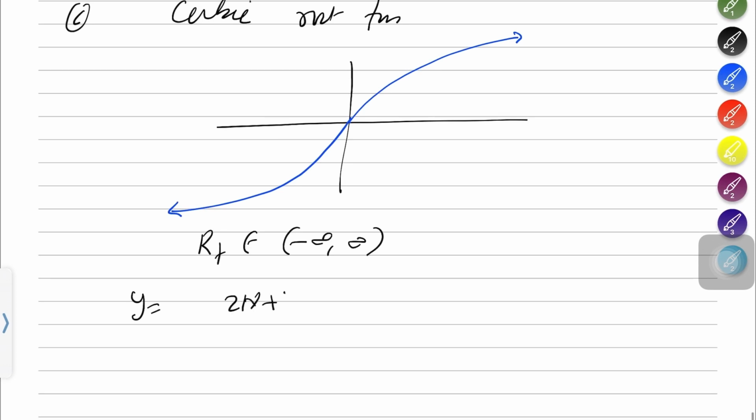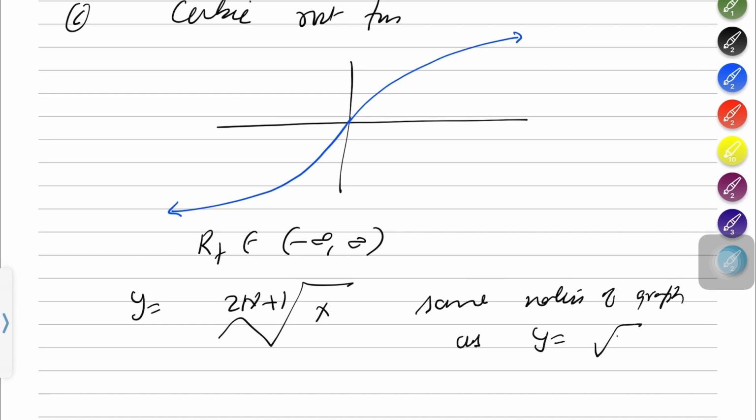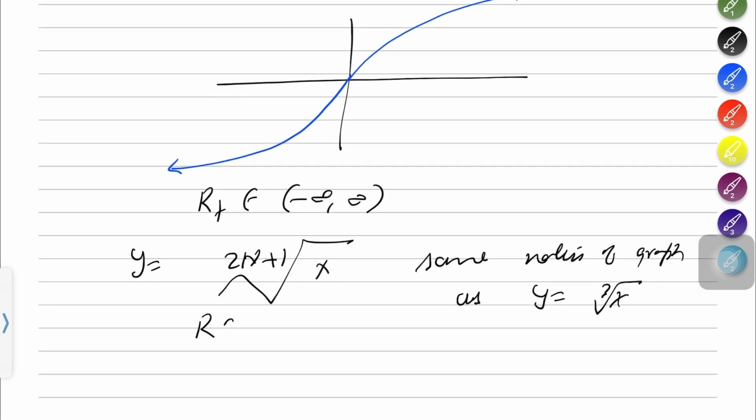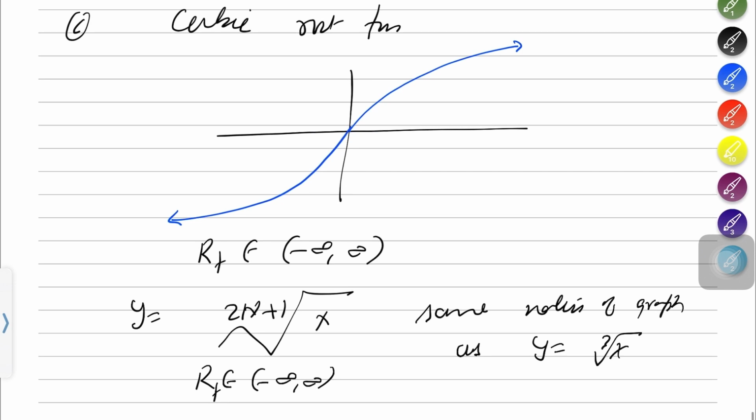If I say y equals the (2n plus 1)th root of x, it has the same nature of graph as the cubic root. So in this case also the range of the function will be minus infinity to plus infinity. Any function, let's say cubic root or 7th root or 9th root or 2023rd root, the range will be minus infinity to plus infinity.